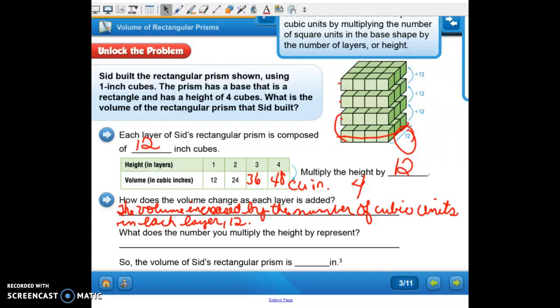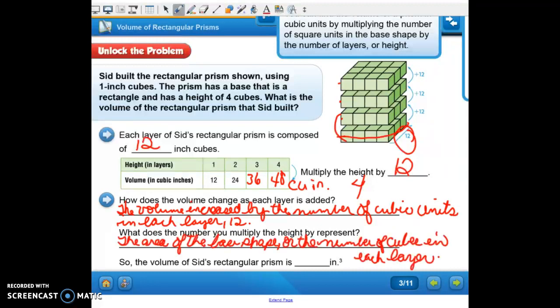The area of the base shape, or the number of cubes in each layer. So when we multiplied our length times our width, we got 12. It represents the area of the base shape, or the number of cubes in each layer.